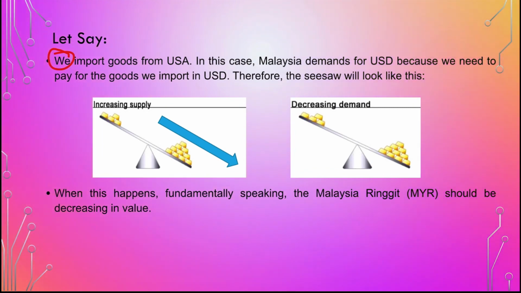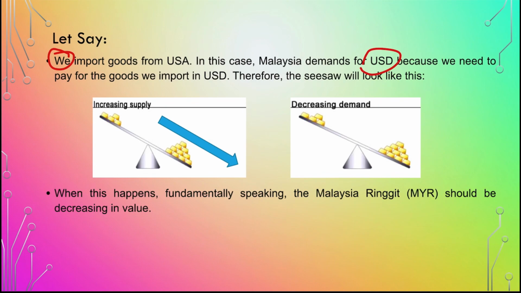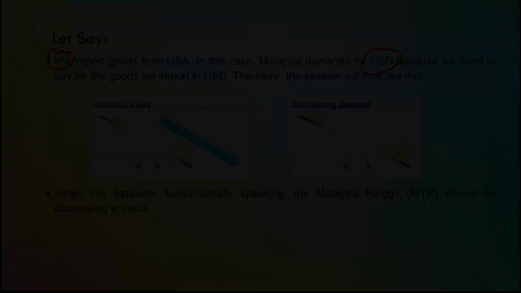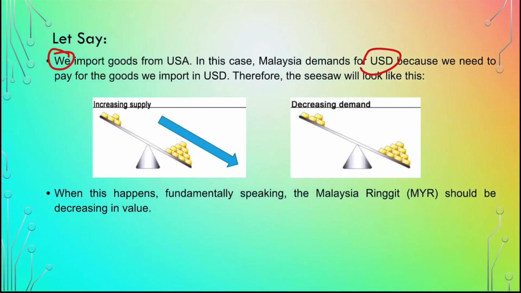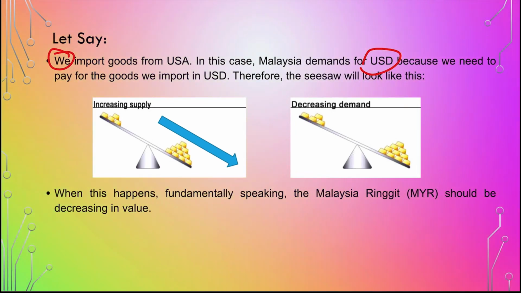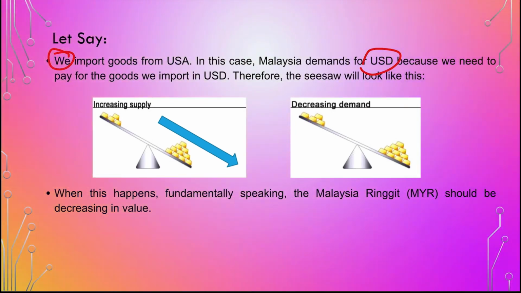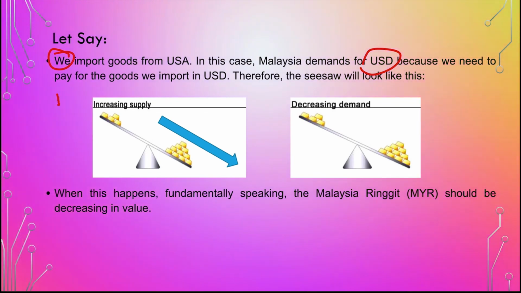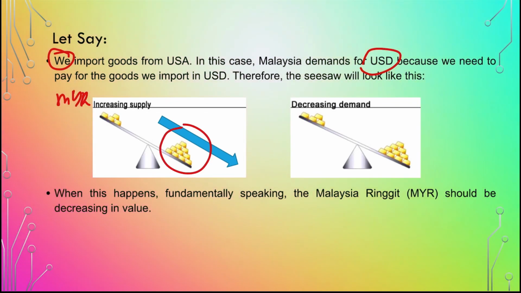So we have to pay for the goods in US dollar. Therefore, if we demand US dollar, meaning that we have to increase the supply of Malaysia ringgit. So the right side will be more weighted. Okay, increase in supply and decrease in demand.